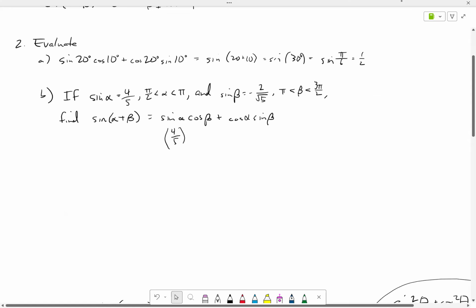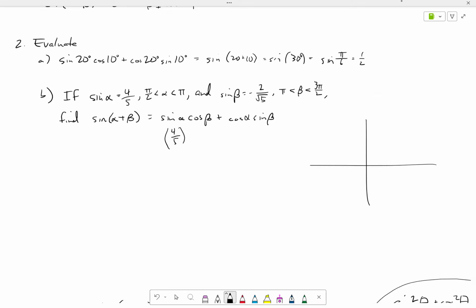negative 1/5. Okay, so what you're saying is you could do some work over here and you have a triangle. For alpha? For beta. Okay, we've got to find cosine of beta. So quadrant 3. And you knew it was quadrant 3 because of 3/5.